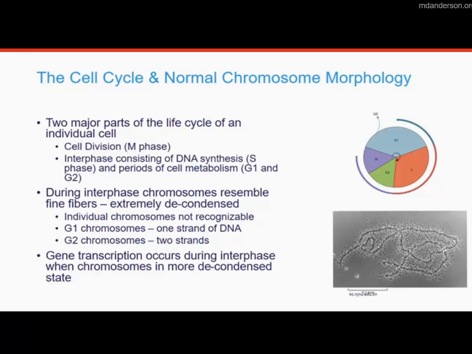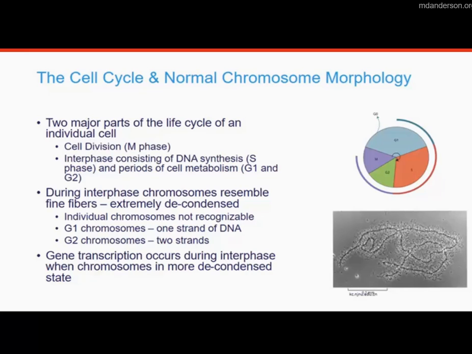So there are really two major parts of the life cycle of a cell, cell division and then everything else. And when we talk in the cytogenetics lab about interphase cells, we're talking about cells that can be in either G1 or G2, or they could be going through DNA synthesis, but not in mitosis yet.